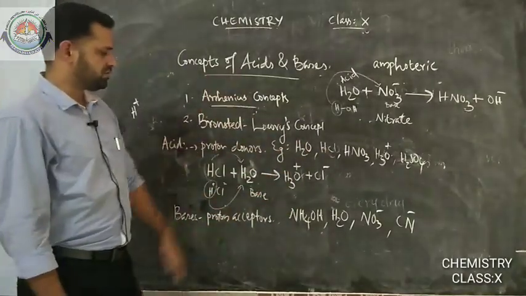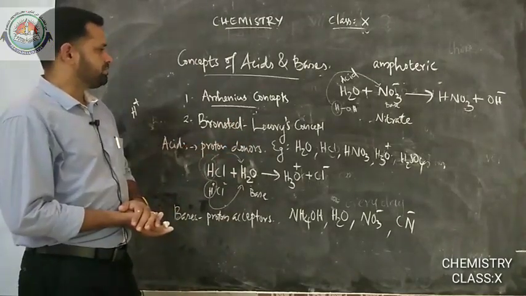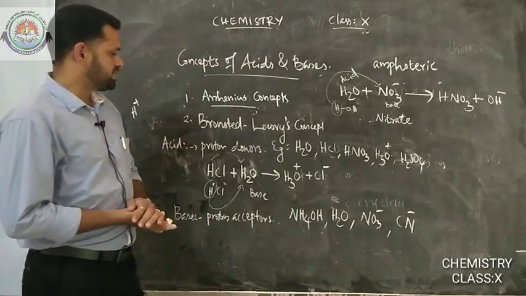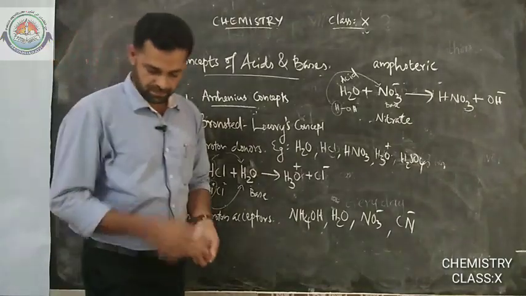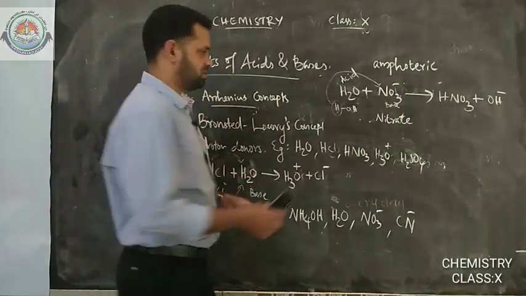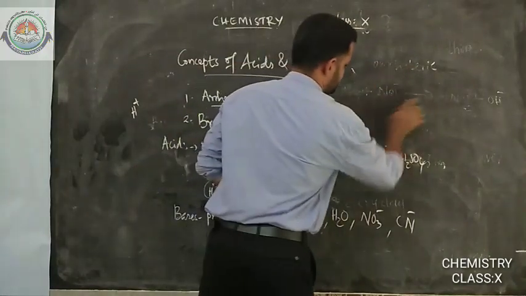So I have given you some examples. So these are the concepts of acids and bases according to Arrhenius and Bronsted-Lowry. I hope you understood this acids bases concept.